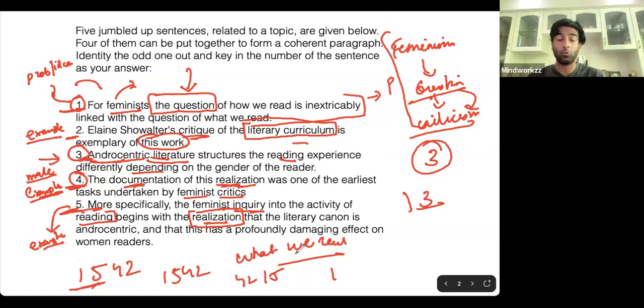You don't need to come to a conclusion on the final order of the four sentences. As long as you've found that four sentences are linked together, you can mark the fifth sentence as the odd one out and leave. Because in the question, you just need to identify the odd one out and key in the number of the sentence as your answer, not the correct order. That is not required.